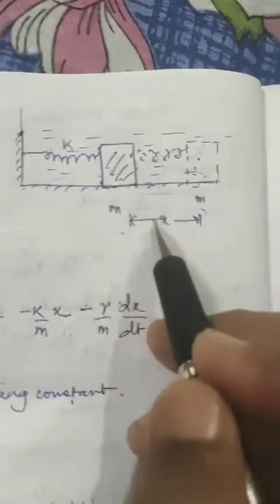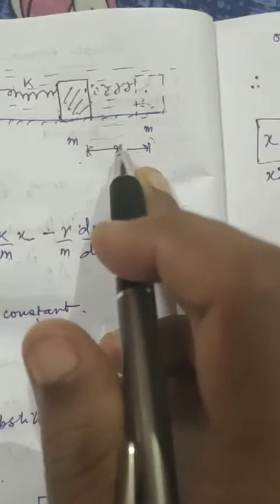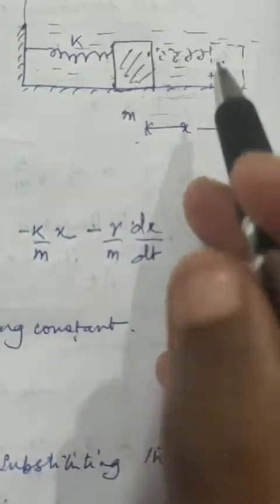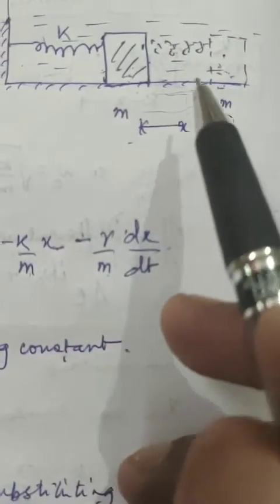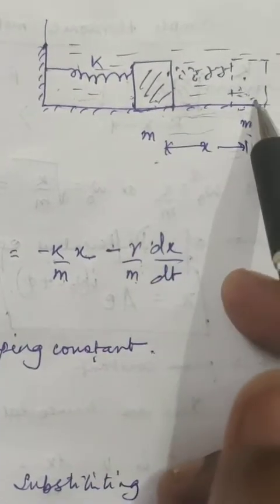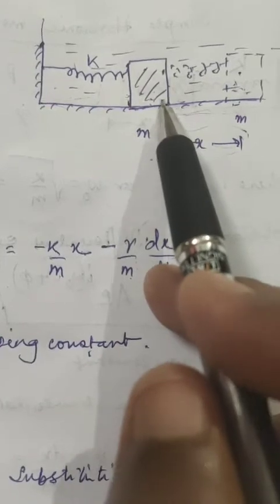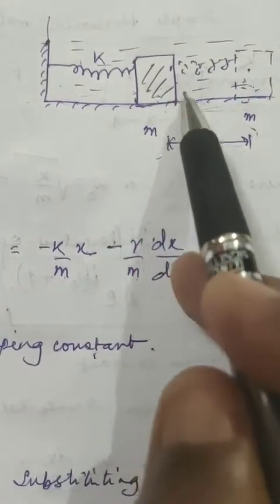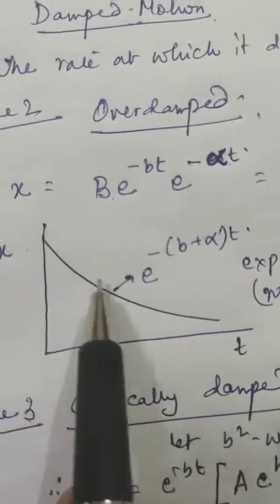So this is called overdamped motion, because the liquid is very, very thick, and it will not let this mass overshoot its mean position, and it will slowly come to the equilibrium position. So this is what the graph shows.